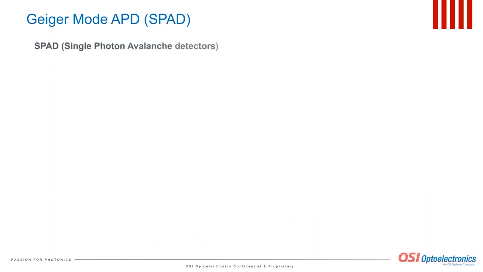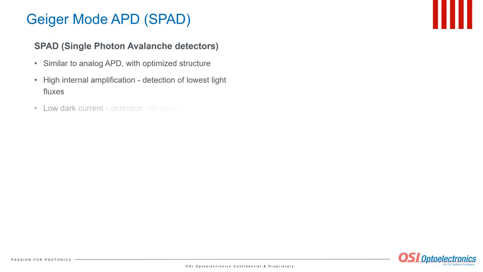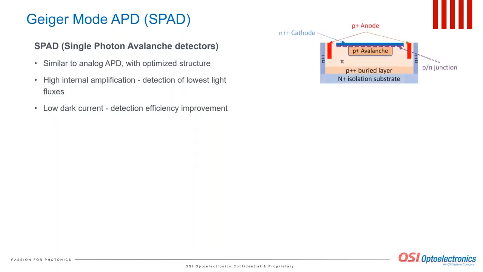A SPAD functions similarly to an analog APD, but the structure may be optimized to sustain high internal amplification, allowing detection of the lowest light fluxes, and low dark current, allowing to improve the detection efficiency. An example of an APD structure for the Geiger mode operation is shown on this slide to the right.